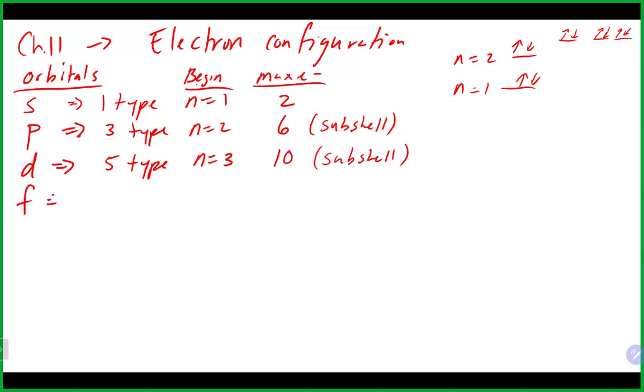F, there are 7 different types of f orbitals. They start to appear on the fourth energy level. And 7 times 2 is 14 if you put 2 electrons in each of the orbitals. So knowing the maximum number of electrons that you can put into a particular orbital or subshell is really important for writing electron configuration.